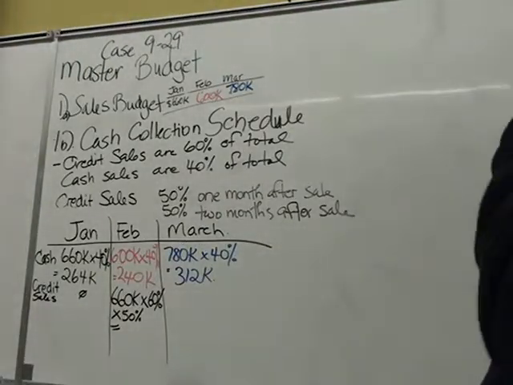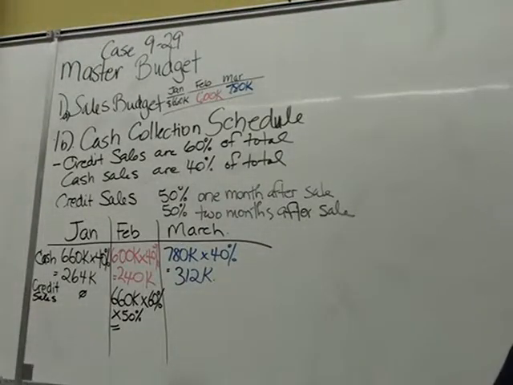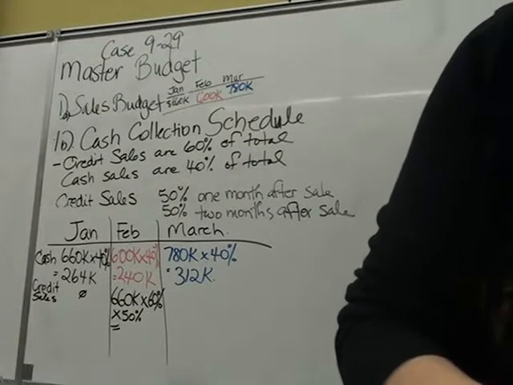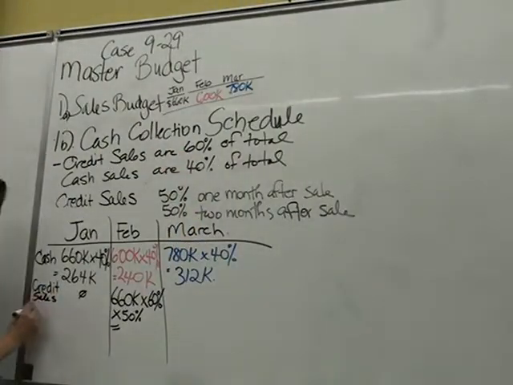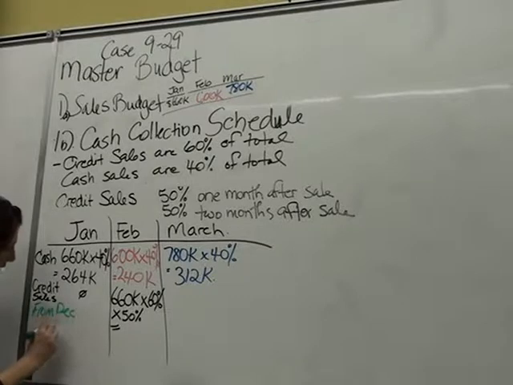Exactly, 12,000 units. I don't have any more colors. Oh, I do. I have a green one. Yay! So, from December, we have to collect, so the sales will be 12,000 units.